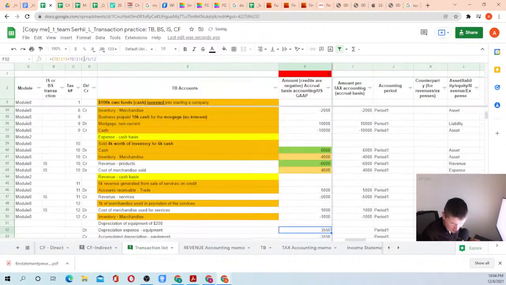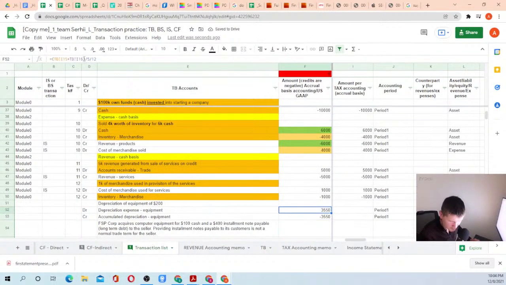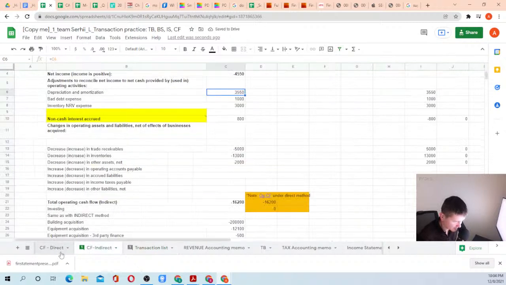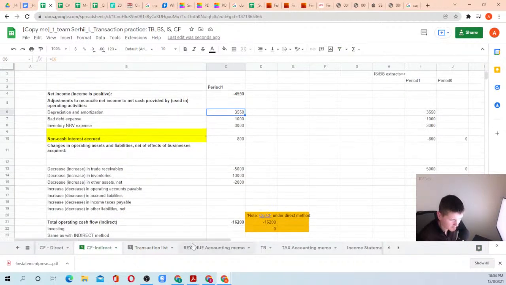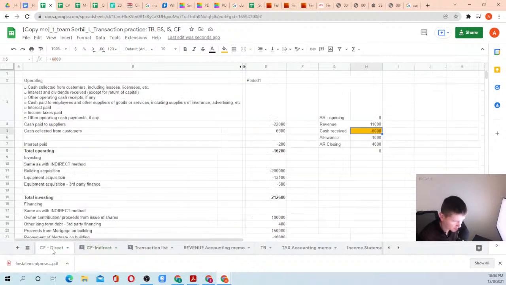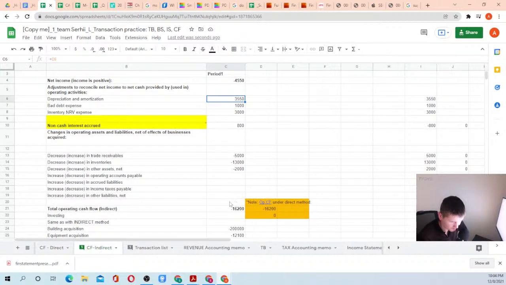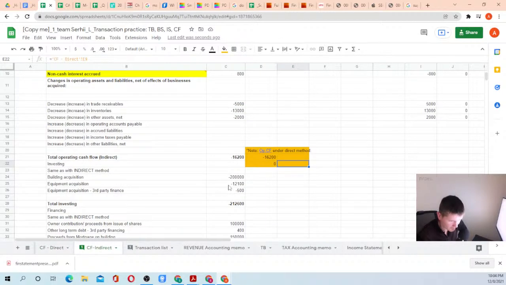So I got 35,500. Let's see if it is, yeah, it has reflected in the cash flow, and it is a non-cash, so it has no impact on the direct method, and our operating cash flow is still correct.